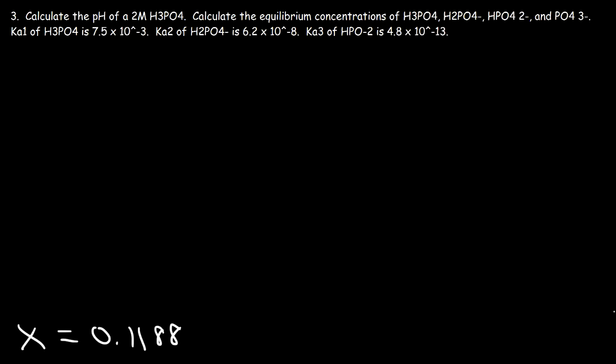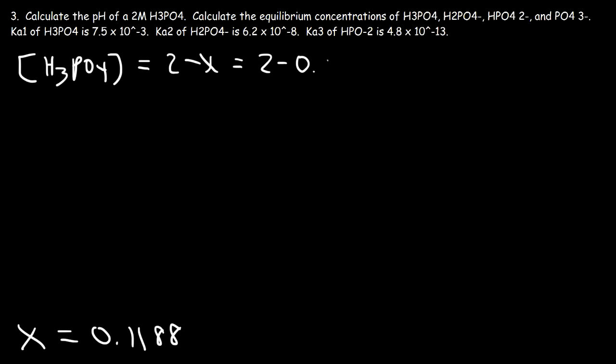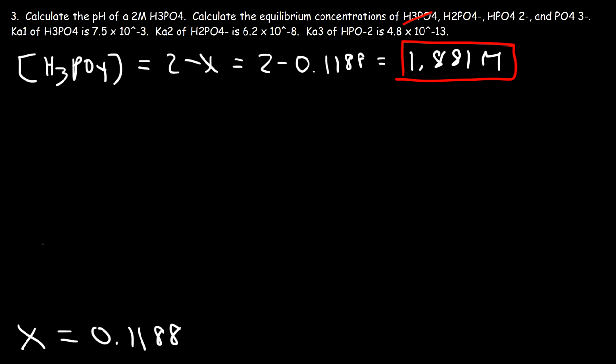So now we can calculate the concentration of H3PO4. So that was 2 minus x in the ice table. So that's 2 minus 0.1188. So at equilibrium, the concentration is going to be 1.881. So that's the concentration of phosphoric acid. Now the concentration of H2PO4 minus, based on the ice table, it was equal to x.